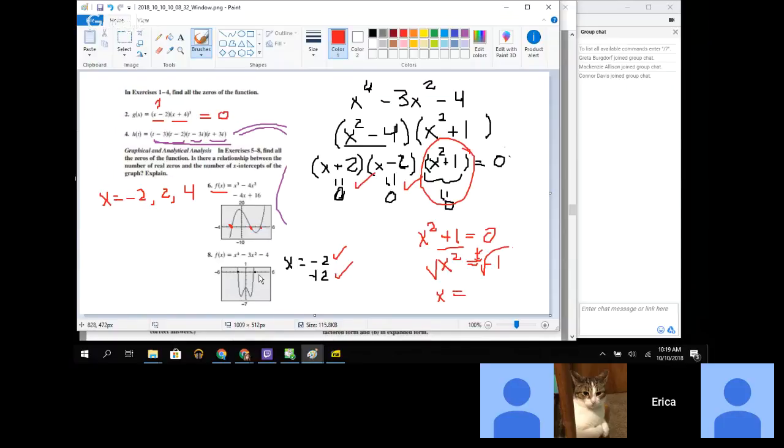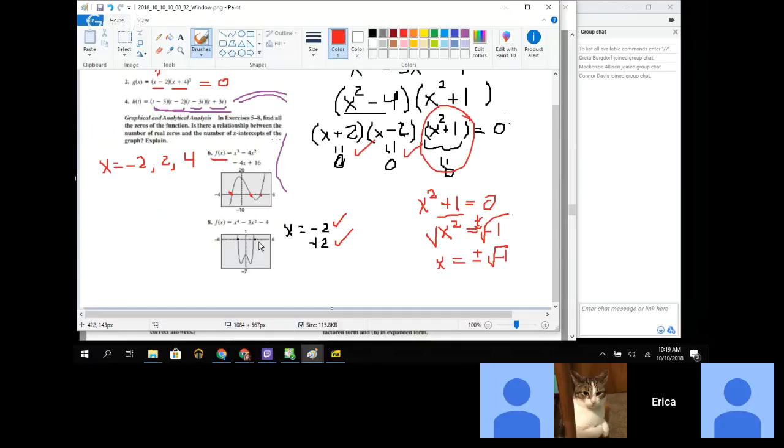So I get x equals plus or minus the square root of -1. What's another way to say the square root of -1? I, right? So another possible root is x equals plus or minus I.